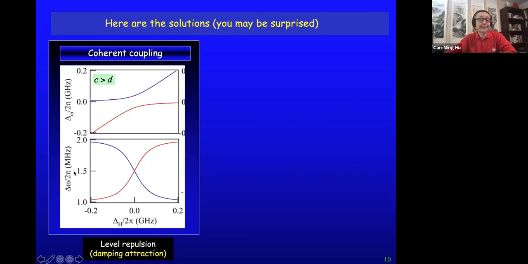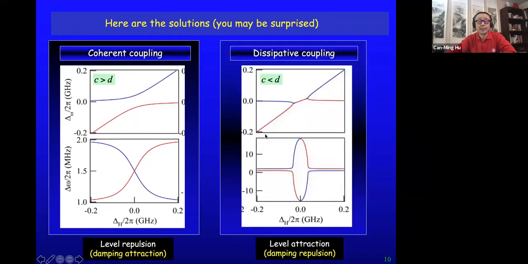And you see also the damping rate of the system showing crossing or attraction, exchanging the damping between these two oscillators due to this coupling effect. This is the conventional coherent coupling behavior.